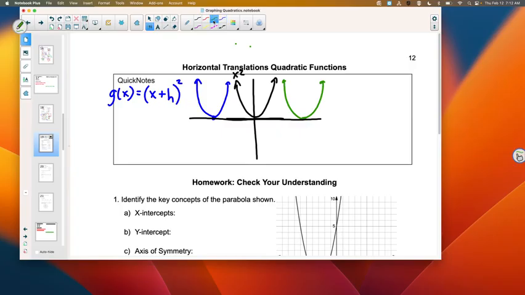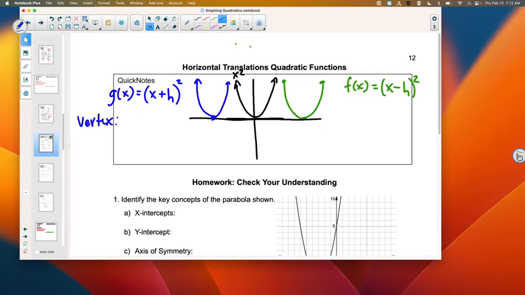And then on the right-hand side, we'll call this one f of x. Okay, f of x equals x minus h squared. That moves to the right. So that's what that green one is, right? However many h's. Okay, so now we're going to do on the left the vertex.